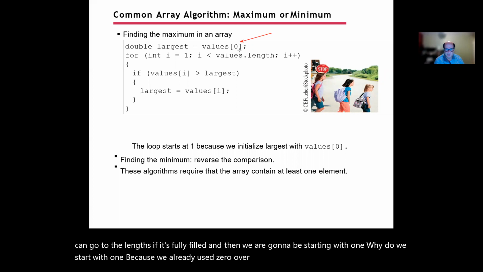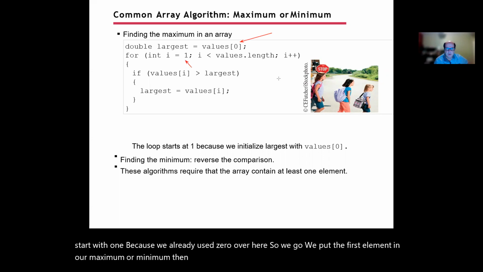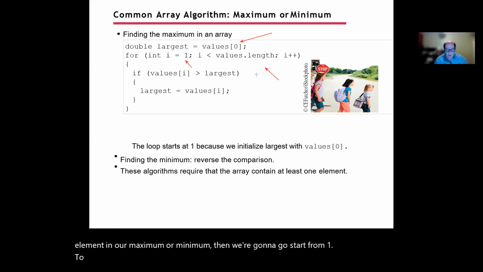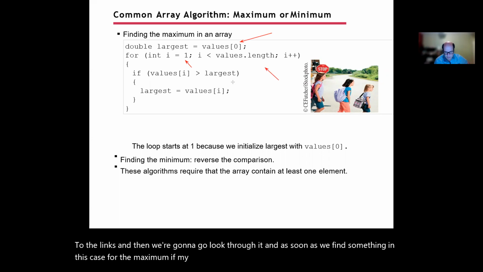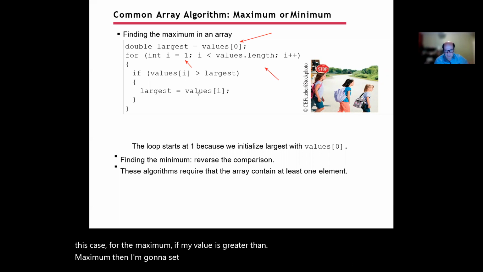So we put the first element in our maximum or minimum, then go from 1 to the length and look through it. As soon as we find something, in this case for the maximum, if my value is greater than maximum, then I set my maximum to that value. If we're doing the minimum, it would be the other way around.